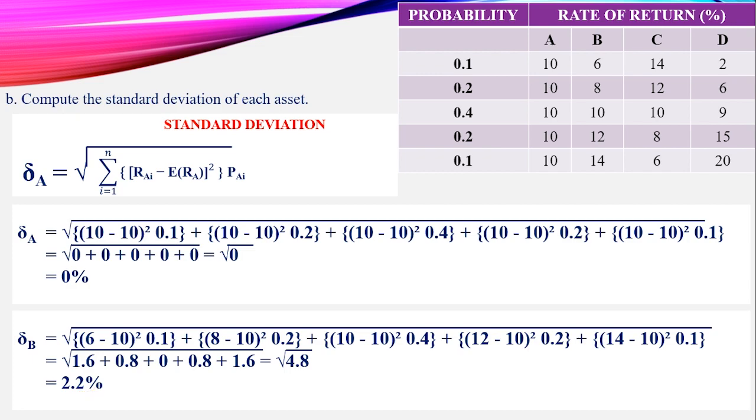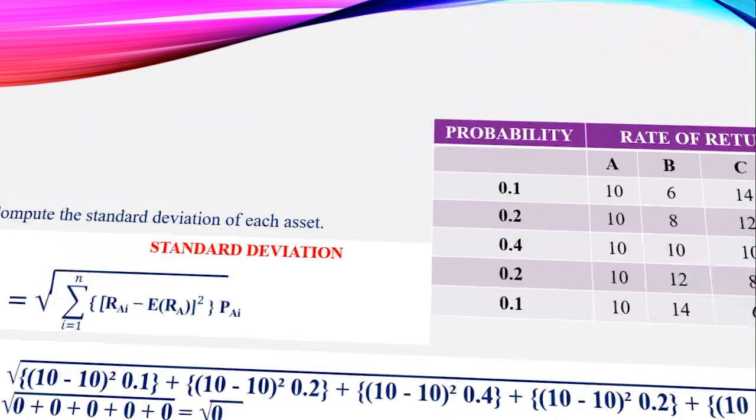If you look at A, this asset has an expected return of 10%, right? Then when we calculated the risk of investing in this particular asset, the risk is 0. So it means that this asset has no risk in investing in it. But here the risk is 2.2. Let's compare with other assets here.